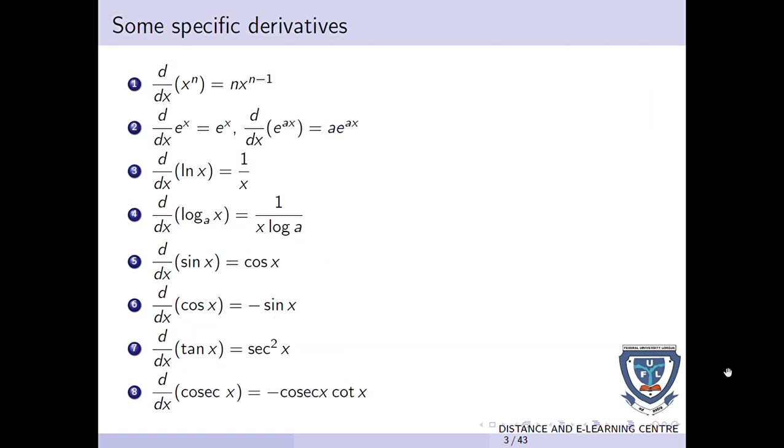Now, let's look at some specific derivatives. We're already familiar with these derivatives. For example, the differentiation of x raised to power n is equal to n x raised to power n minus 1. The differentiation of natural logarithm of x is equal to 1 over x.